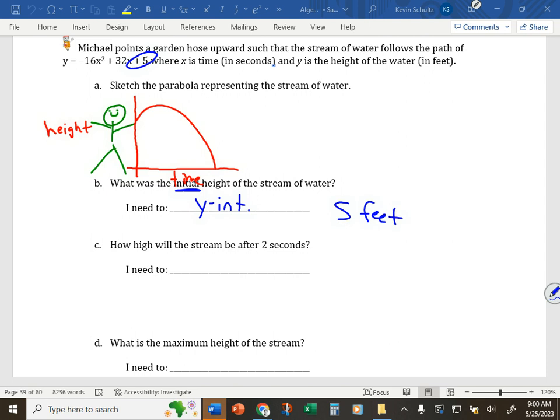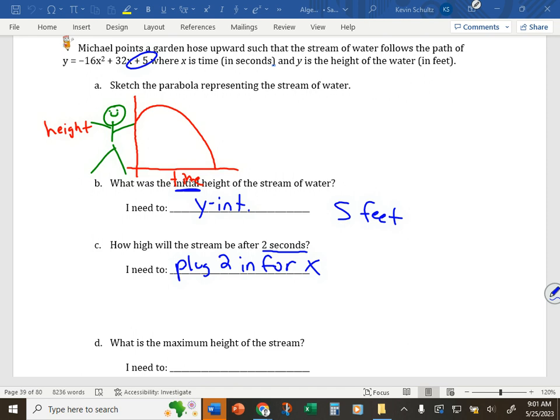Now it says, how high will the stream be after 2 seconds? Which variable, x or y, does the 2 seconds represent? And how do you know that? It's talking about time. So what you need to do is plug 2 in for the x variable.